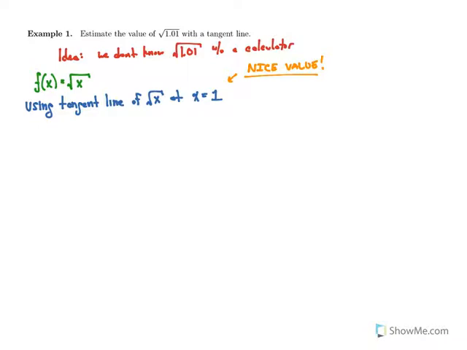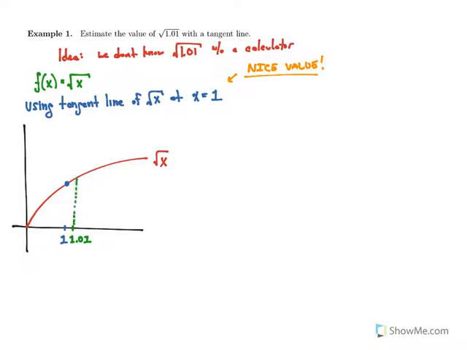So if you draw a graph, in fact, if we go back to the previous page, we can look at that graph. Think about square root of x. Think about x equals 1. Think about x equals 1.01, which is going to be very close to it. We're going to try to estimate that point. That y value is what we're going to try to get. That's our answer.